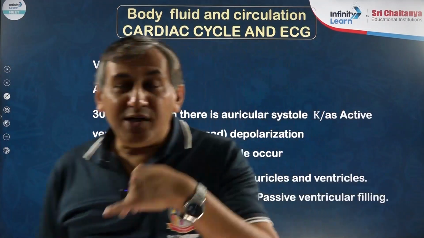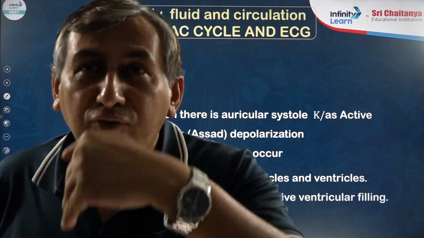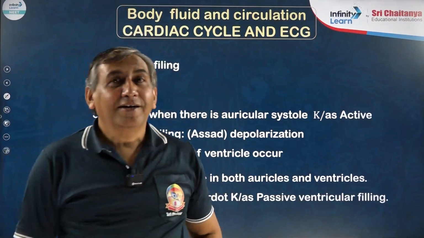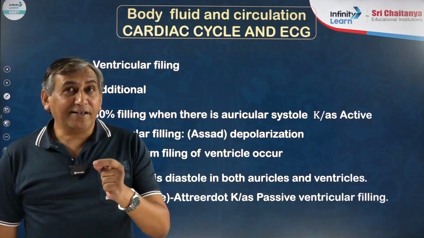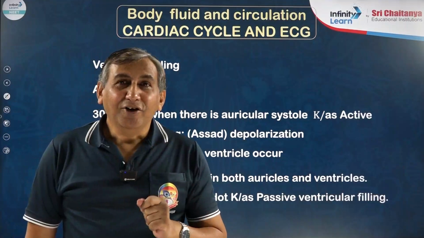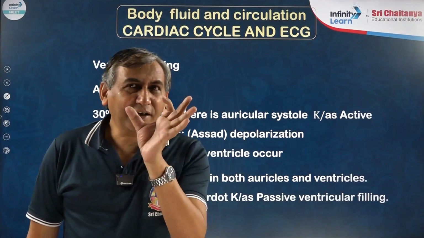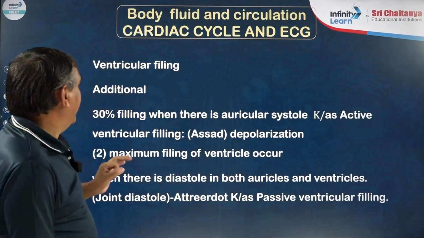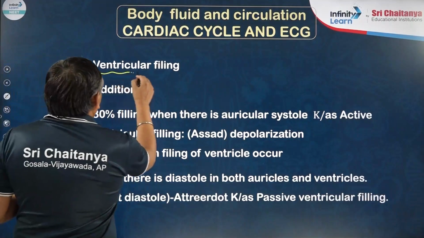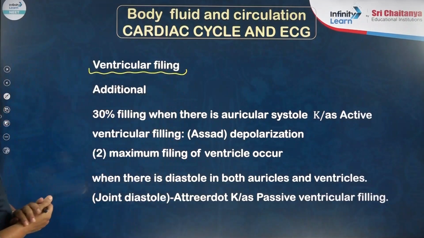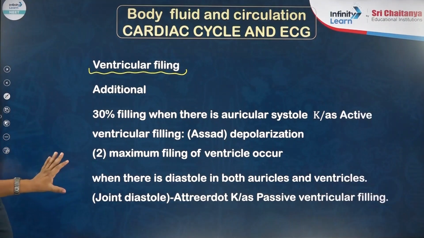So how much blood is required into the ventricle from the atria? You can say 70 ml. So I have taken one side heading from my side, ventricular filling. This is one point.